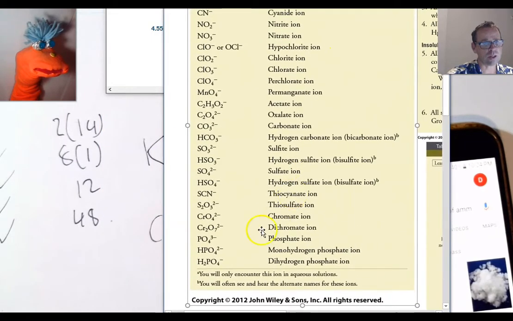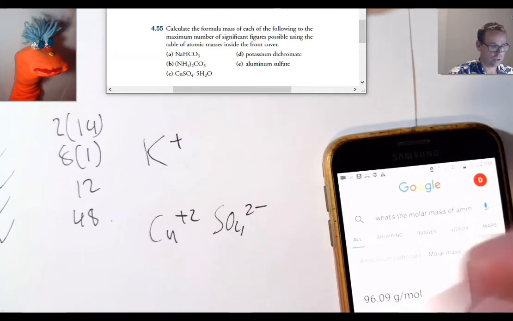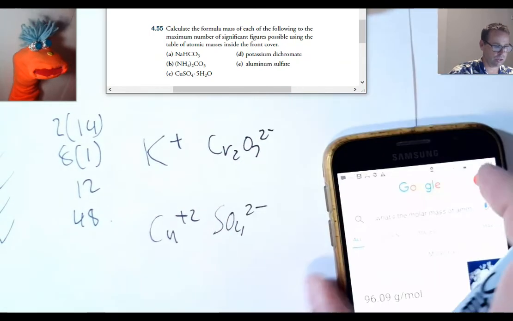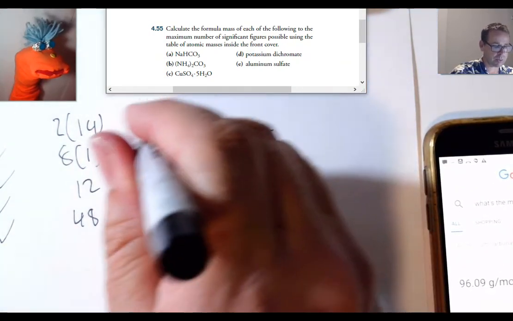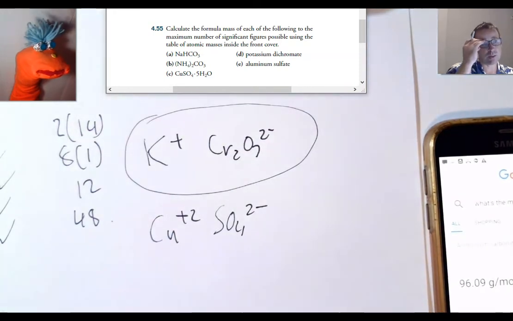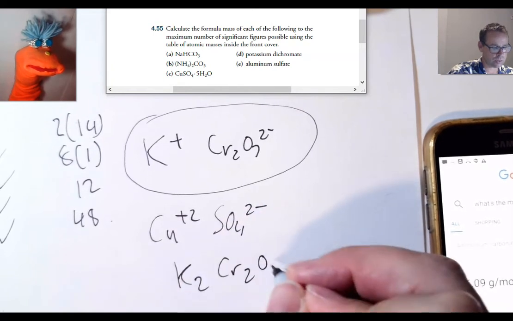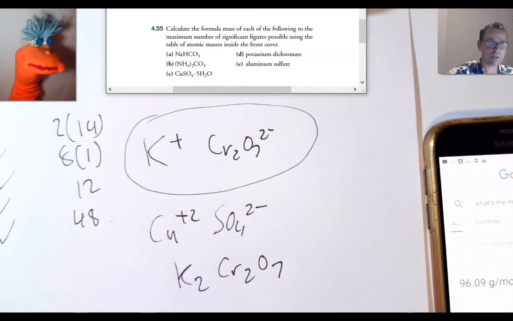So our dichromate, Cr2O7 with a 2 minus charge, right? Okay, yeah. So then what? Well, we have to make sure we bring these together in the right ratio, right? Okay, I'm going to need 2 potassiums. That's right. So K2Cr2O7. That's going to be the chemical formula.